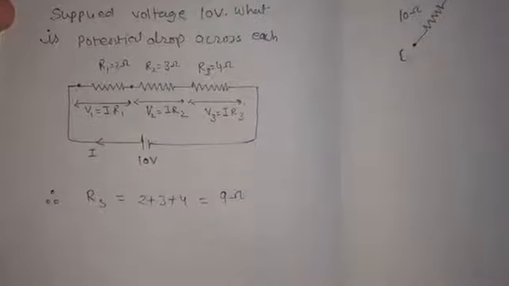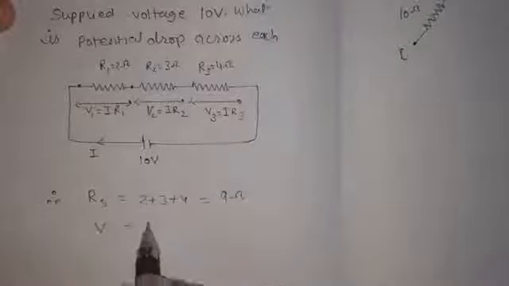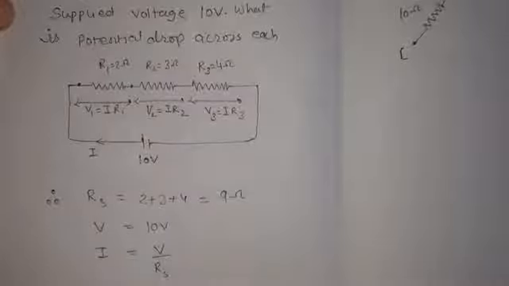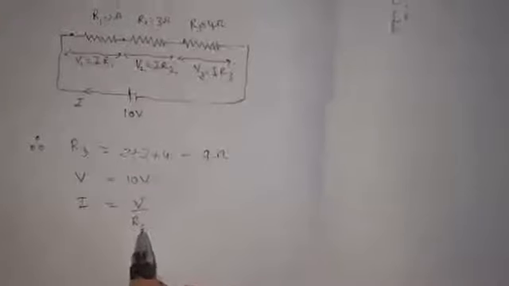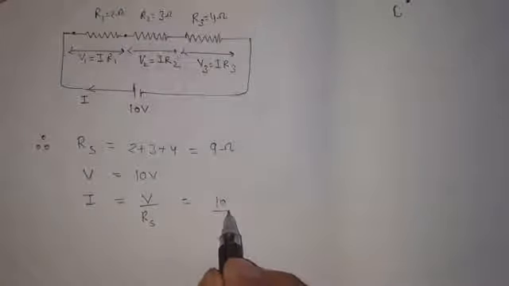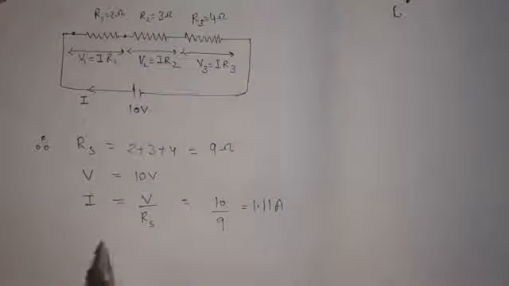The total supply voltage is 10 volt, and from Ohm's law the total current is the voltage supplied divided by the total resistance. So I is 10 divided by 9, which is 1.11 ampere. This is the total current of the circuit.